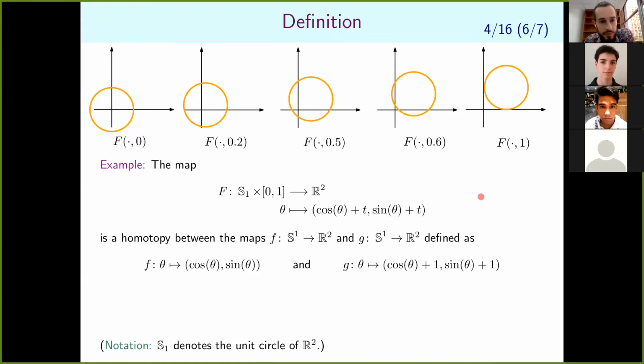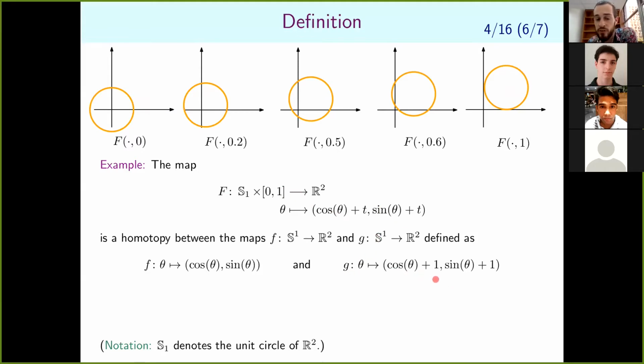So what do we have? If I pick t equal to 0, f dot 0 is this map. You obtain the unit circle of R2. And if you take t equal to 1, you get this map, g.